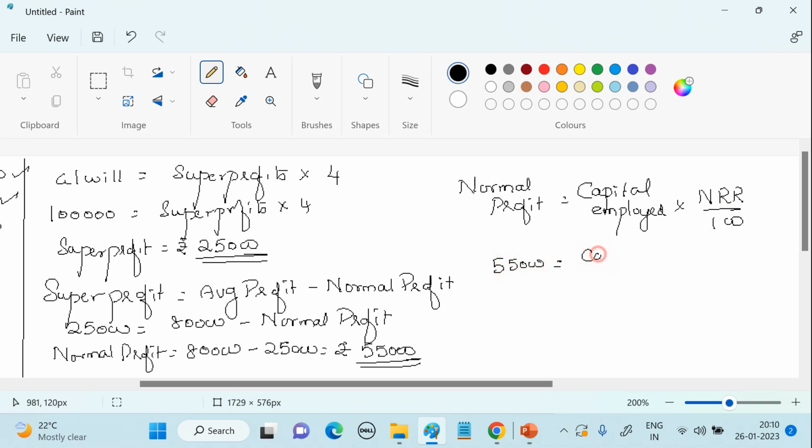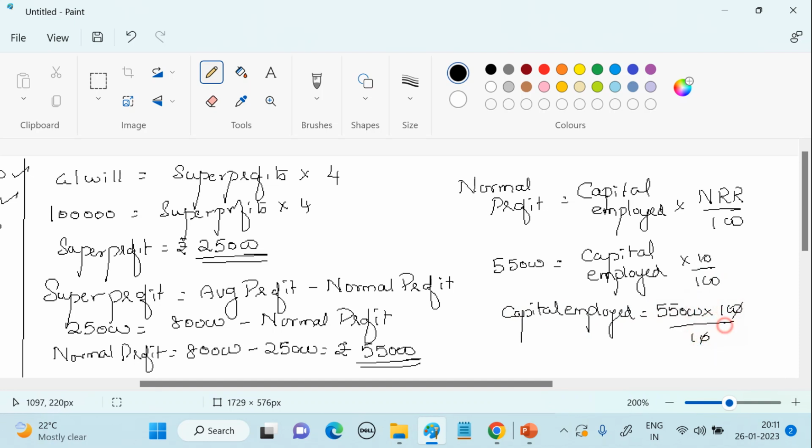Capital employed, that is what is to be determined. We have the normal rate of return given as 10%. So take it to the other side. Capital employed would be how much? 55,000 into 100 divided by 10. Rupees 5,50,000. Everybody clear?